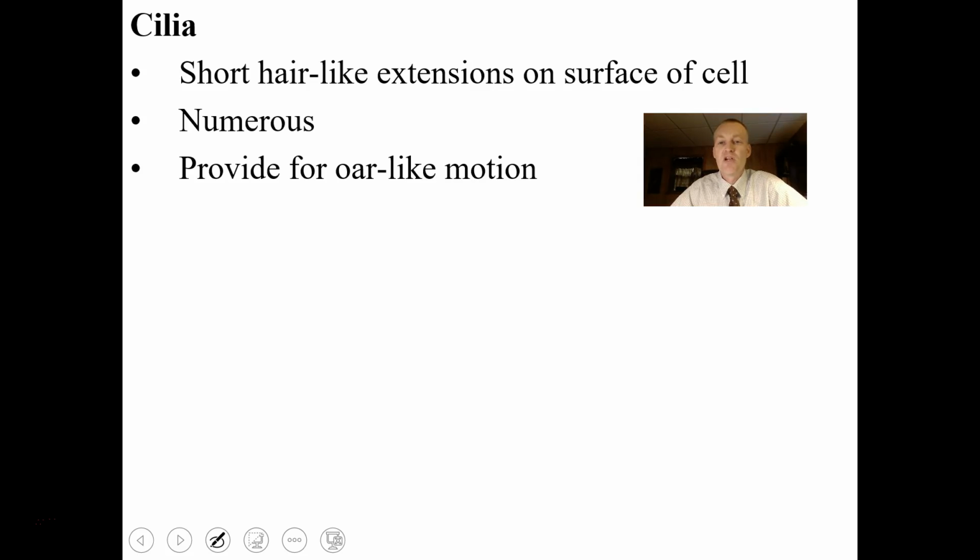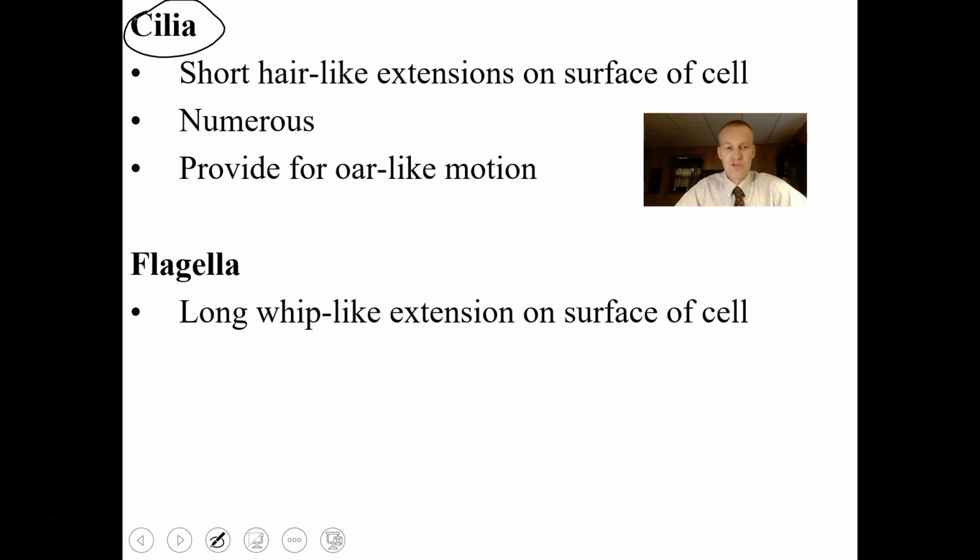In the trachea the cilia help to move mucus, and in the fallopian tubes the cilia help to move the egg cells from the ovary to the uterus. Now, if you smoke, you kill your cilia, and that's why you have to cough to get mucus out of your trachea. You've heard the smoker's cough before, I'm sure, because their cilia are dead.